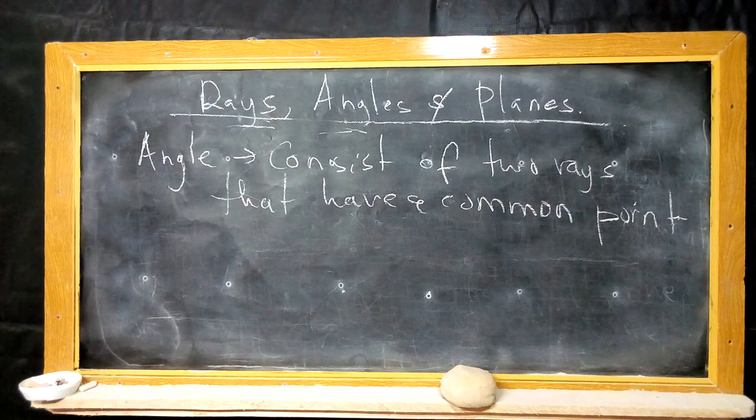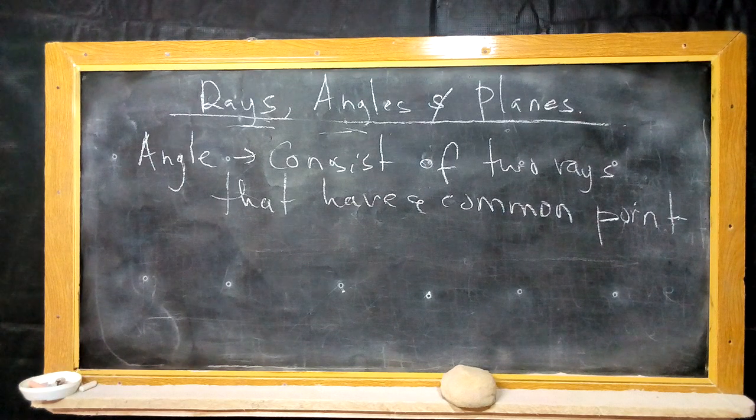So in short, an angle is a combination of two rays that have a common point.